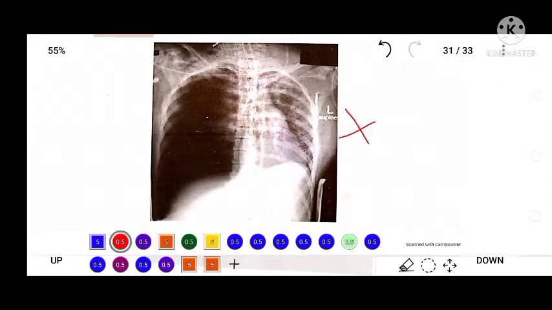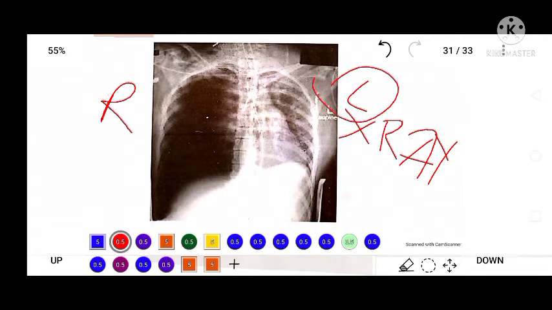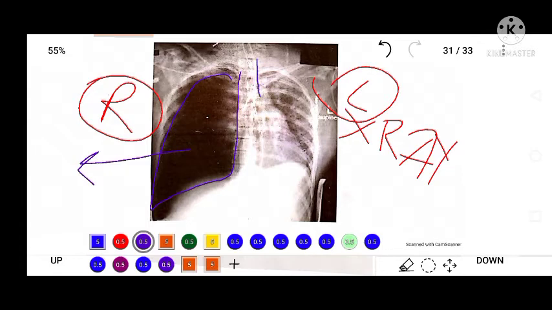Now this is the X-ray of the patient. As you can see, this is the right side of the lung and this is the left side of the lung. The right side of the lung is showing the black shadow because of air accumulation. So this condition is right side pneumothorax, tension pneumothorax, and as you can see, the trachea has been shifted opposite to the affected lung, which means this is tension pneumothorax.